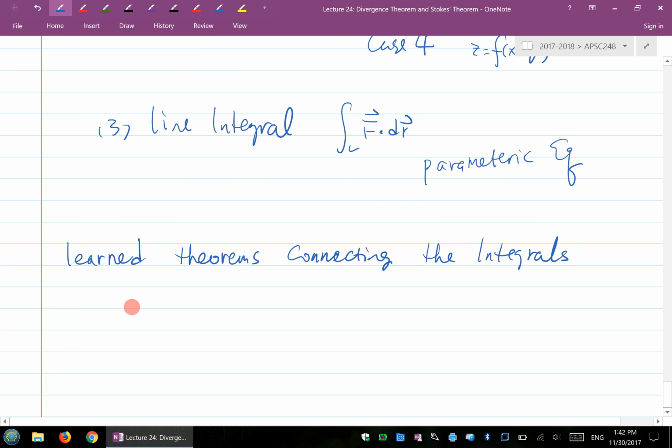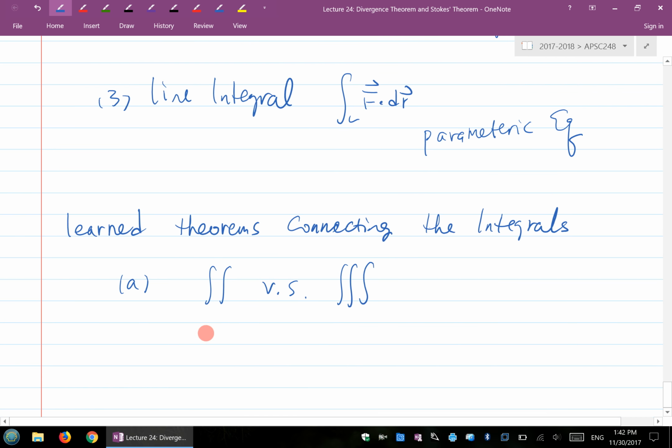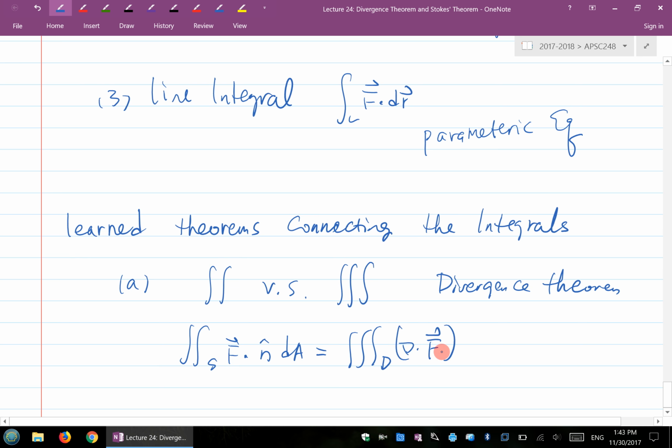The divergence theorem connects the double integral with the triple integral. So this is your divergence theorem. I'm just going to rewrite the divergence theorem right here. It connects this double with the triple.